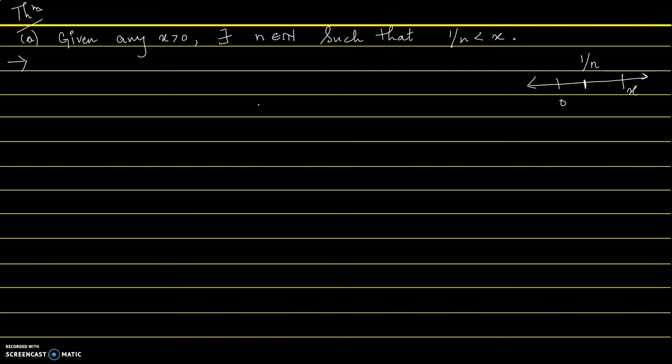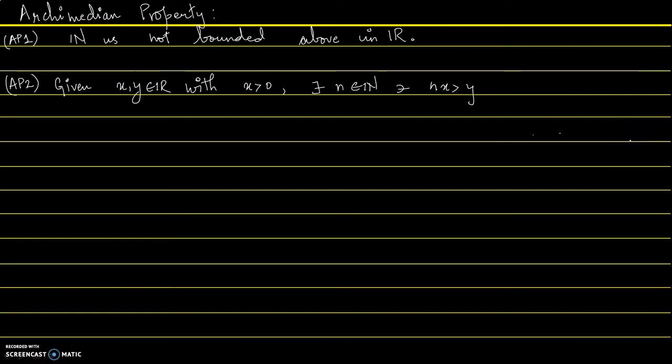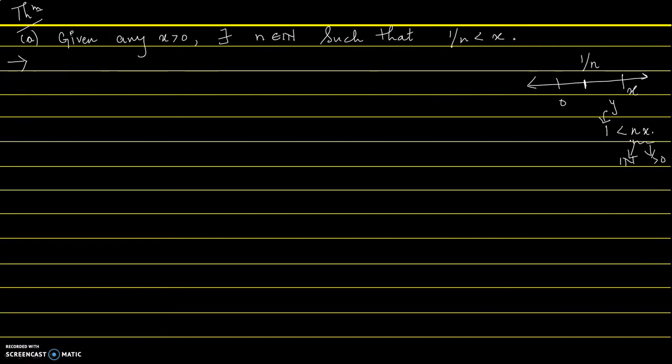Proving the last inequality, 1 by n is less than x, is the same as proving 1 is less than nx. So if I pick y equal to 1 and apply the second form of the Archimedean property, then I'm done.